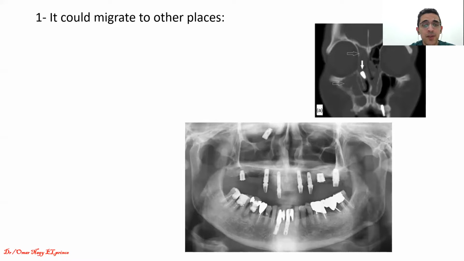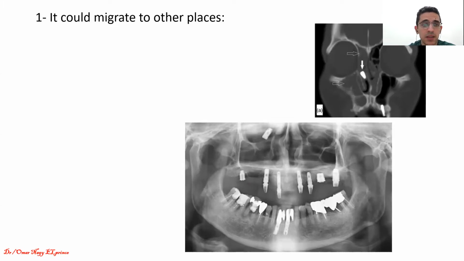If I left the implant, one of the things that might happen is the implant itself might migrate to other places. And usually the first place that the implant might migrate to is towards the nose or to the ethmoidal sinus, okay? Because as we have mentioned before, the maxillary sinus is connected with the nose through something called the ostium. So you might end up with an implant in the nose.